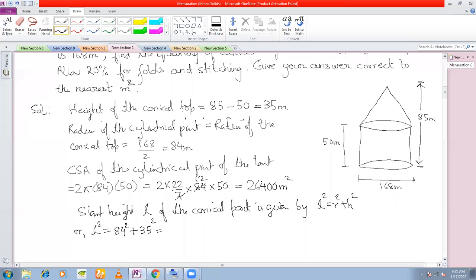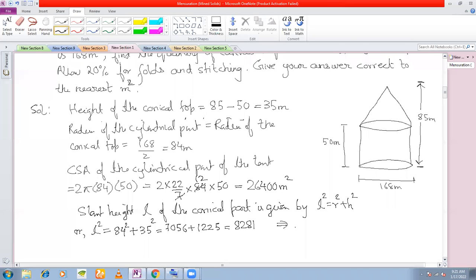So 84 square plus 35 square. 84 square is 7056 and 35 square is 1225. So you get 8281.